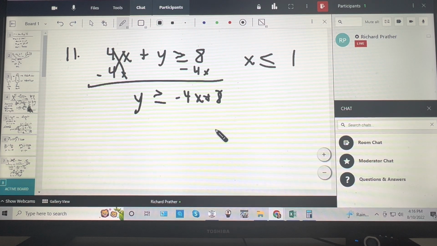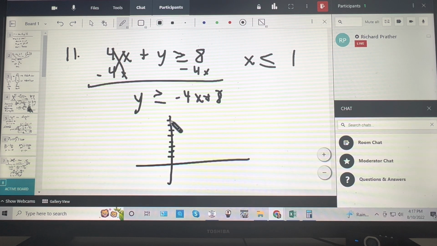This does not have the first quadrant restriction. There is no x is greater than or equal to 0 and y is greater than or equal to 0. So now I can land in other quadrants. The y-intercept is 8. 1, 2, 3, 4, 5, 6, 7, 8.